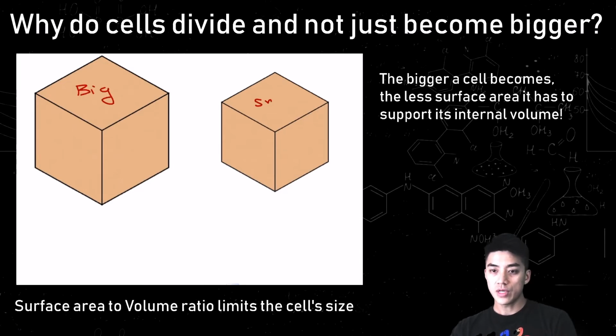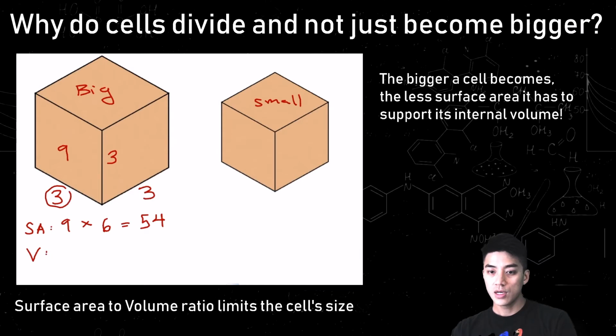On the left we have a big cube and on the right a small cube, and let's just make up some numbers. Let's say the big cube has edges of 3, which means one face has a surface area of 3 times 3, which is 9. But there are 6 faces on a cube, so 9 times 6 is 54.